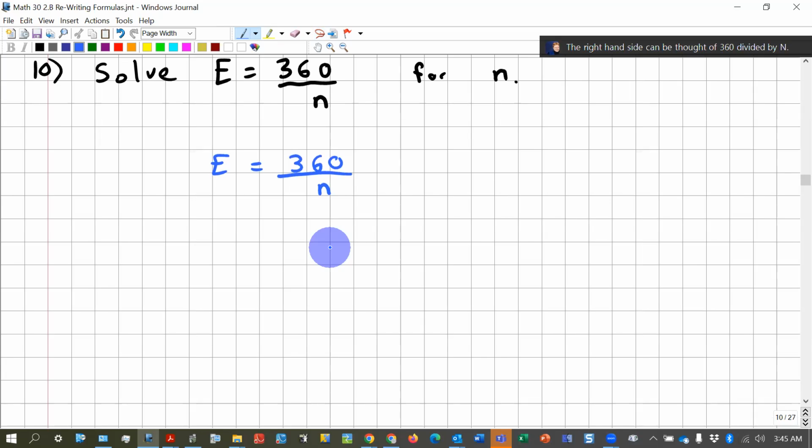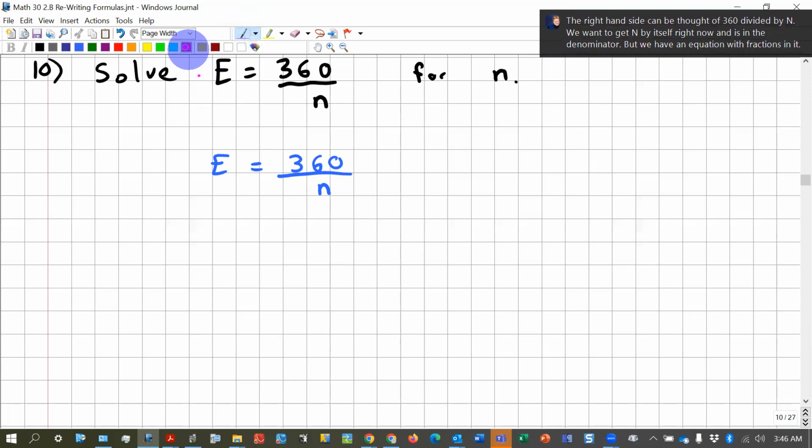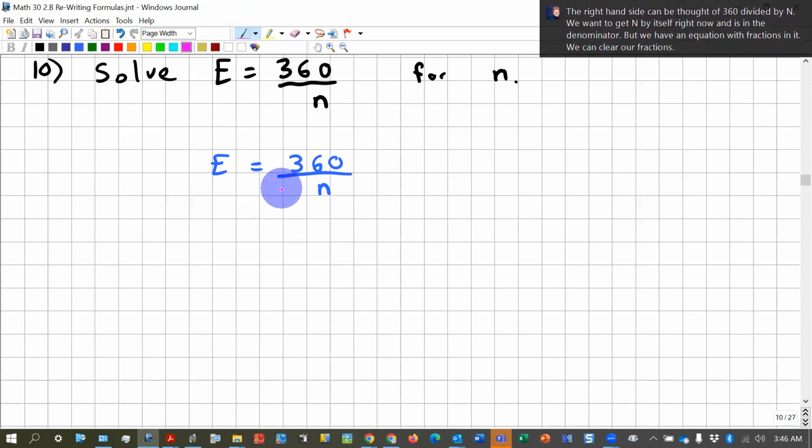We want to get n by itself. Right now, n is in the denominator. But we have an equation with fractions in it. We can clear our fractions by undoing the division by doing a multiplication.